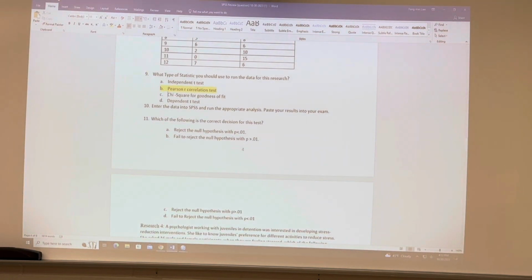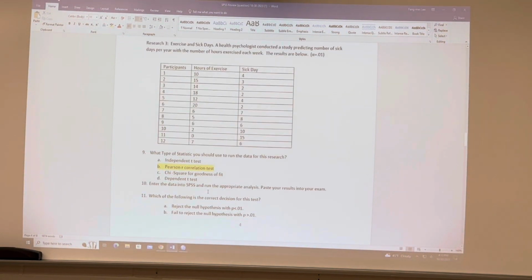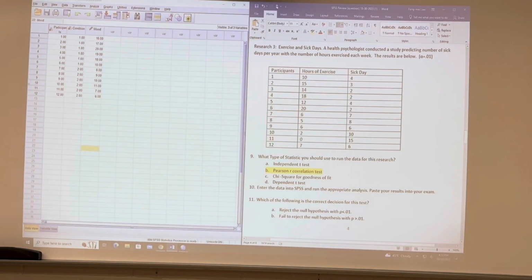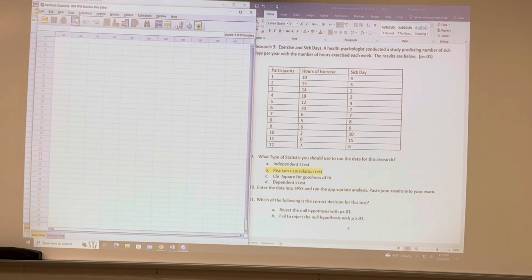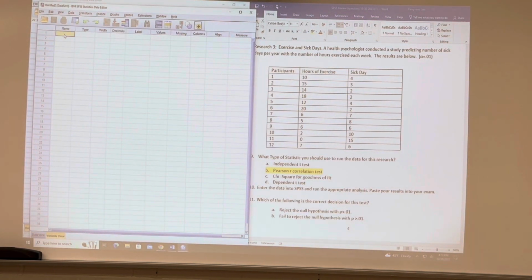Okay, so then let's put in our data. I suggest you go to the new data. Let's set the variables: participants, hours of exercise, and sick day.